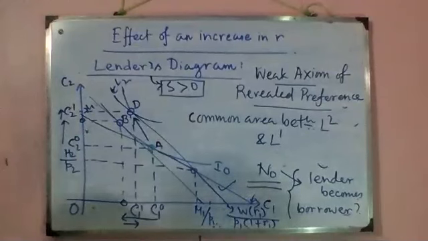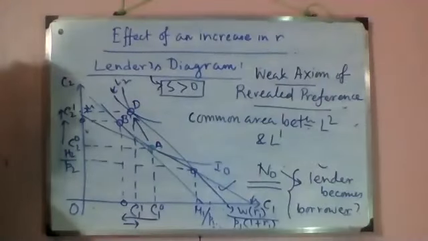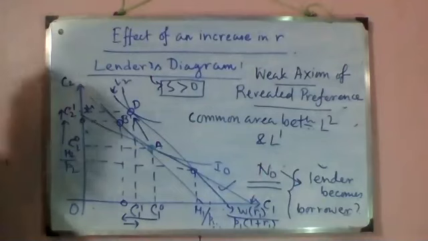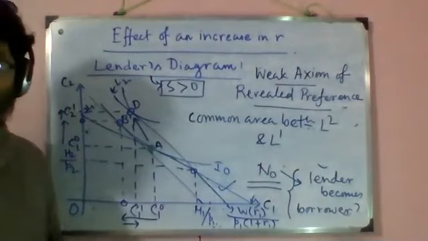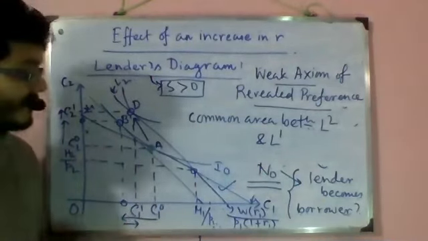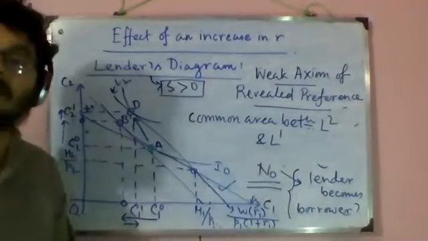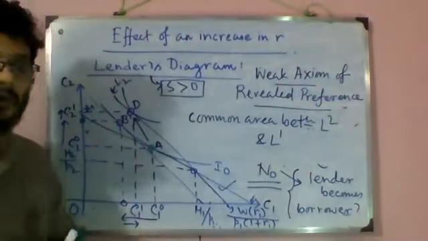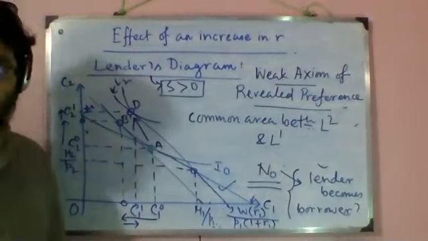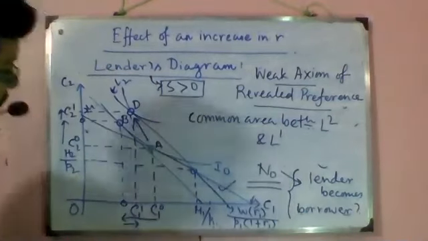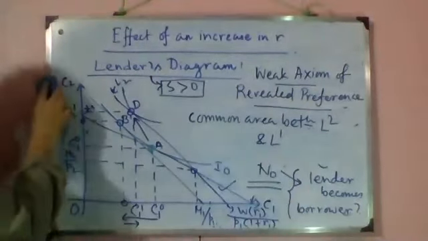Now we are going to draw the borrower's diagram, and what our common sense says in an analogous manner is that when the interest rate goes up, the borrower will never borrow more. Okay, so let's go to the borrower's diagram.